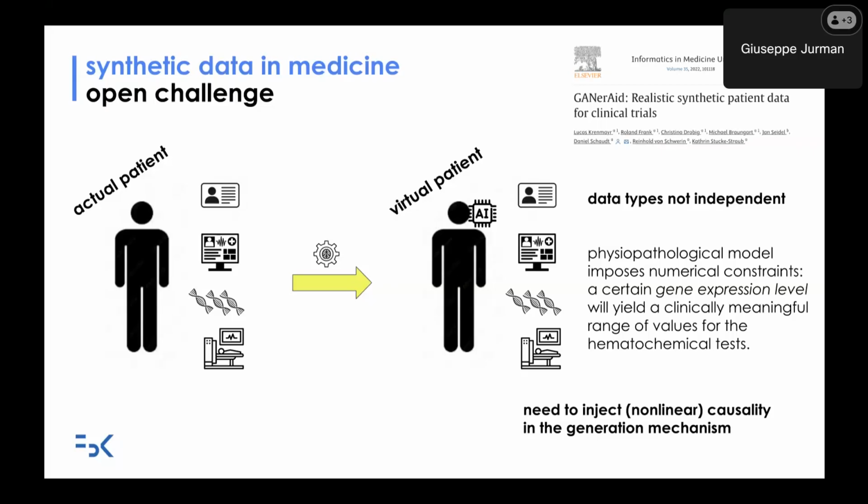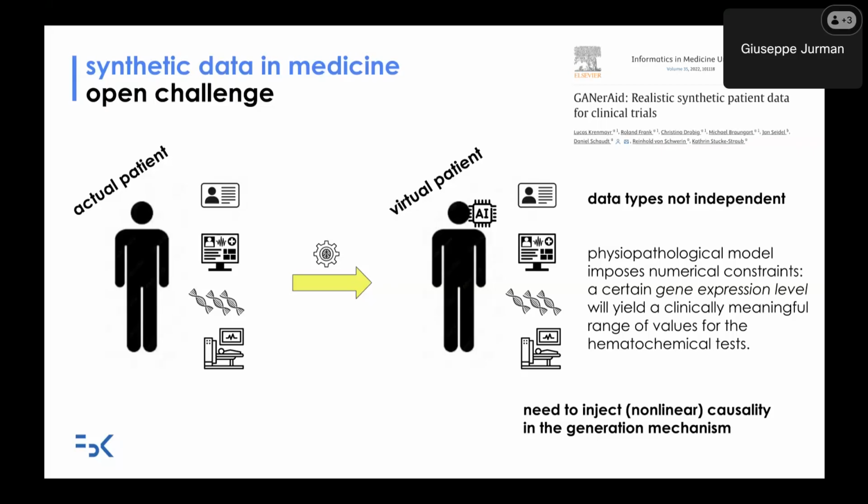But what's the problem? The problem is that all these data types are not independent, because they are all somehow ruling the physiological or pathophysiological processes that are running in the body of the patient. So we cannot hope to virtually construct all this kind of data independently. We need a very complex method, and especially a very strong nonlinear method that can take care of the correlation, the interaction between omics and imaging and clinical lab.